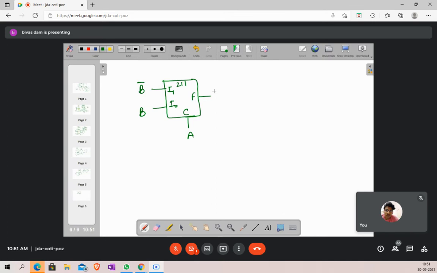A bar B plus. Why A bar B? When A is 0, it gives I0, which is B, and when A is 1, it gives A B bar. So plus A B bar. That's the two-input XOR function. And the other multiplexer is required to realize the inverter.